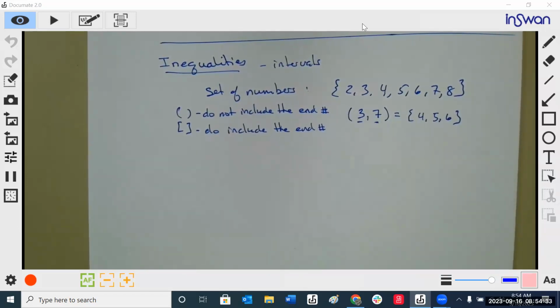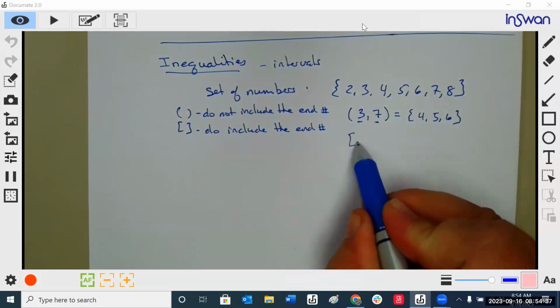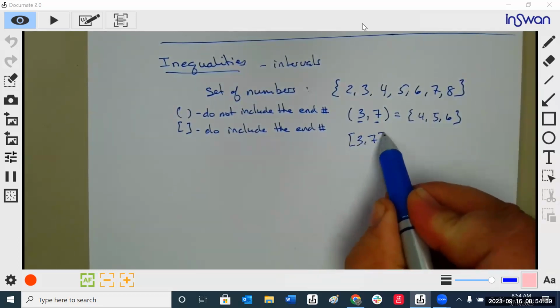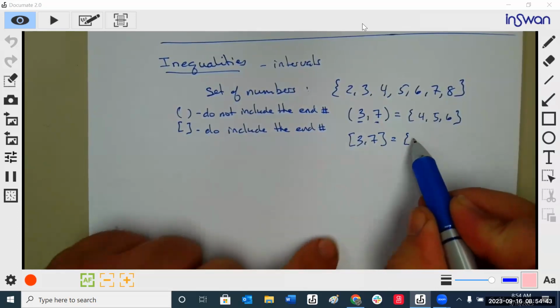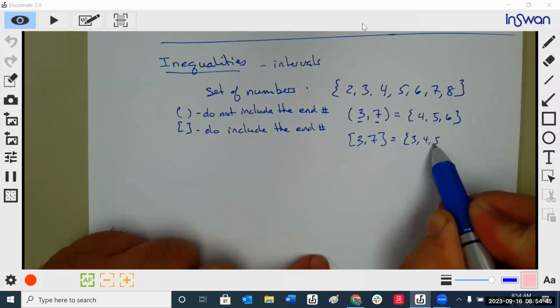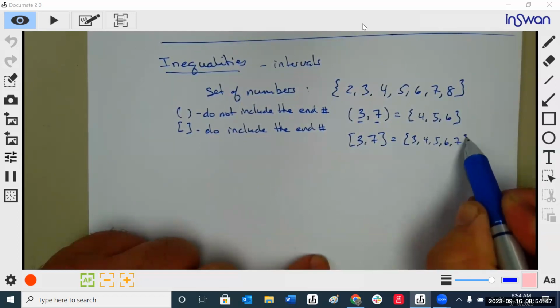That's what I mean by end numbers. So if I have bracket 3 and 7, then my answer would be 3, 4, 5, 6, and 7.